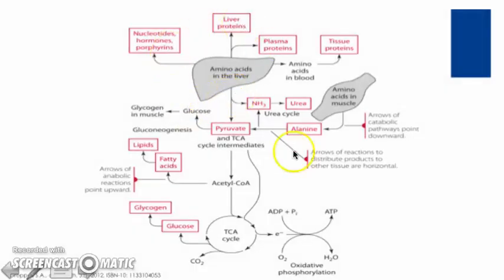Next, we have amino acid and protein metabolism, and we see the central role of the liver here as well. Here in this diagram, we will see the potential fates of the amino acids in the liver. First, they can be used to form body proteins or other related compounds. So we see either proteins of the liver, plasma proteins, or tissue proteins, or we see involvement in formation of nucleotides, hormones, and porphyrins.